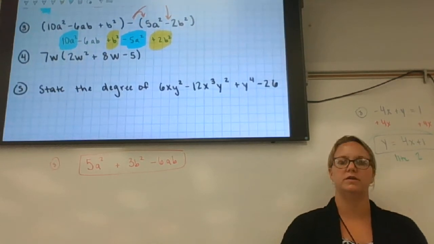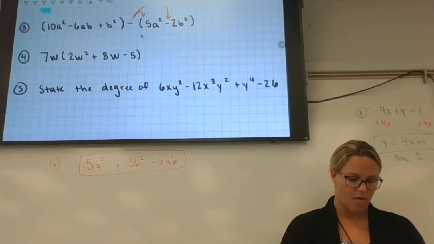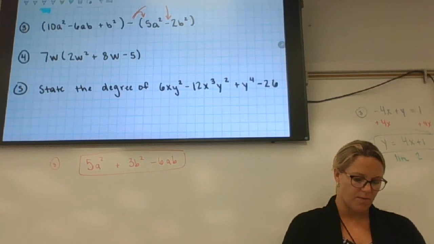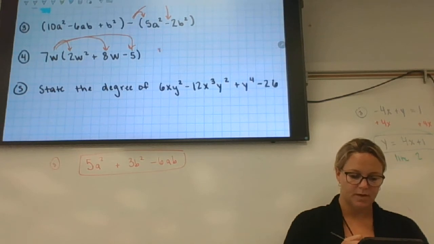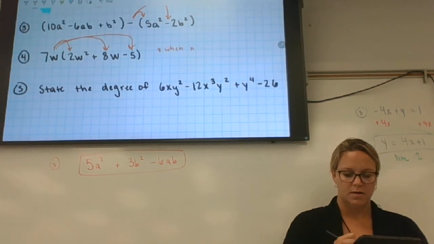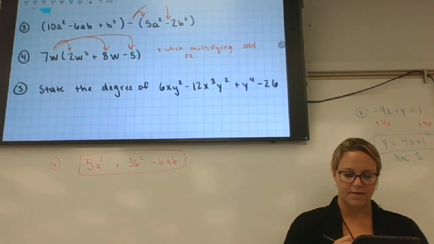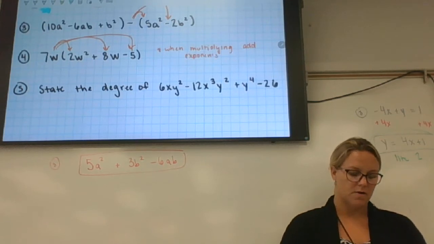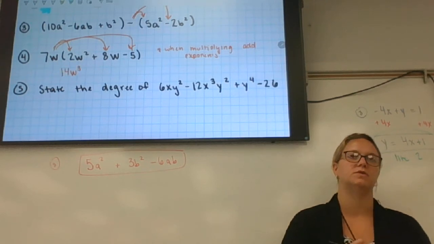Are you guys good if I erase 3? Okay, so I'm going to distribute. Boom. And boom. Are you distributing 7 to both of them together? When multiplying, you add exponents. So we're at 14 w to the 3rd.